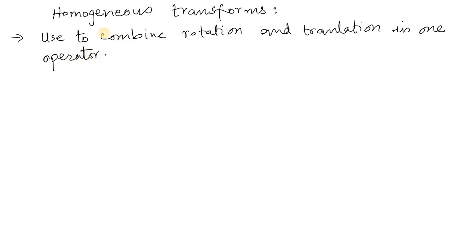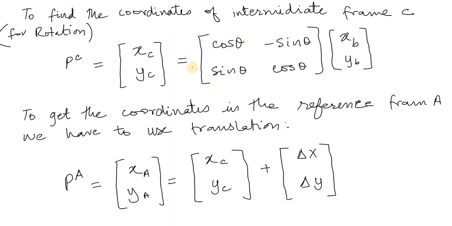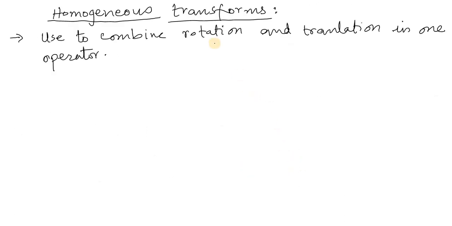So this is an advantage of using homogeneous transforms. So previously you see that we were doing the things separately. First we did rotation by multiplying with the rotation matrix, and then we did translation by addition. So in homogeneous transforms we try to do both these things in one step.